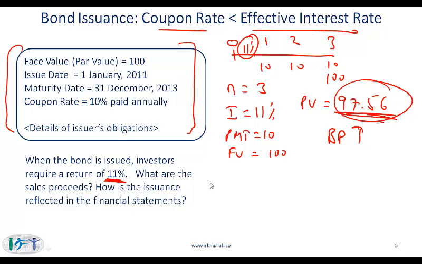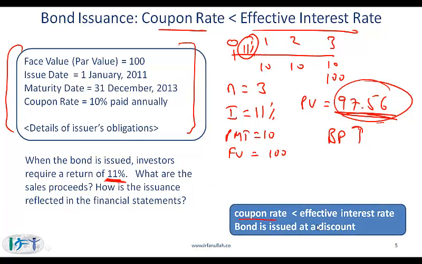All right. I'll make one high-level remark before moving to the next case. When the coupon rate is less than the effective interest rate, which is the scenario over here, the coupon rate is 10%. The effective interest rate, this is the rate that investors demand when the bond is issued.